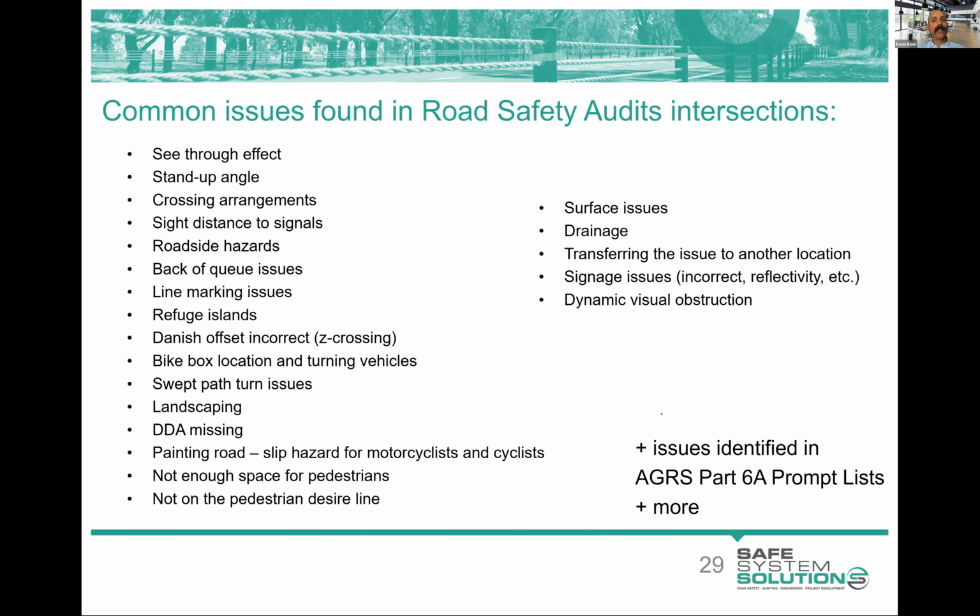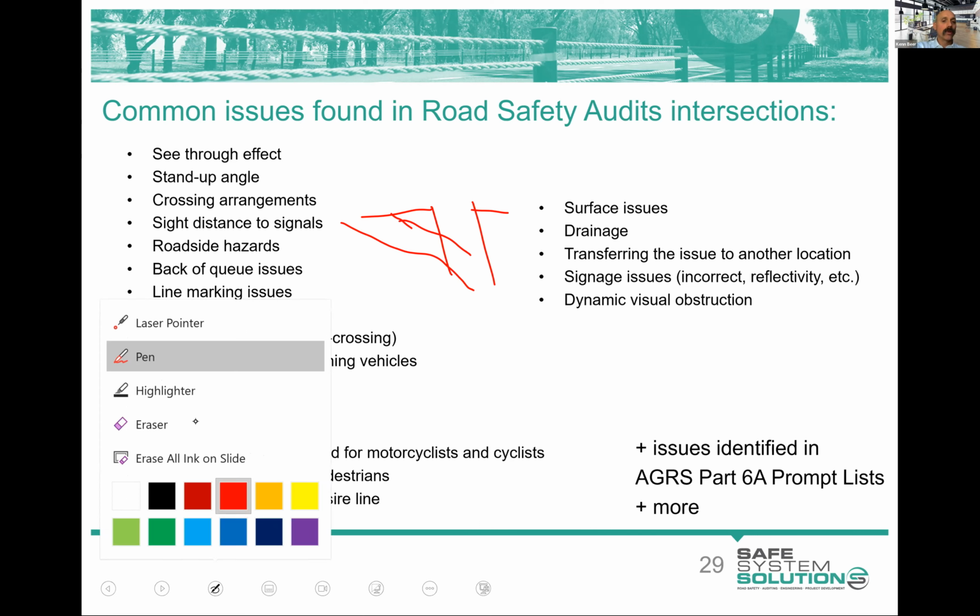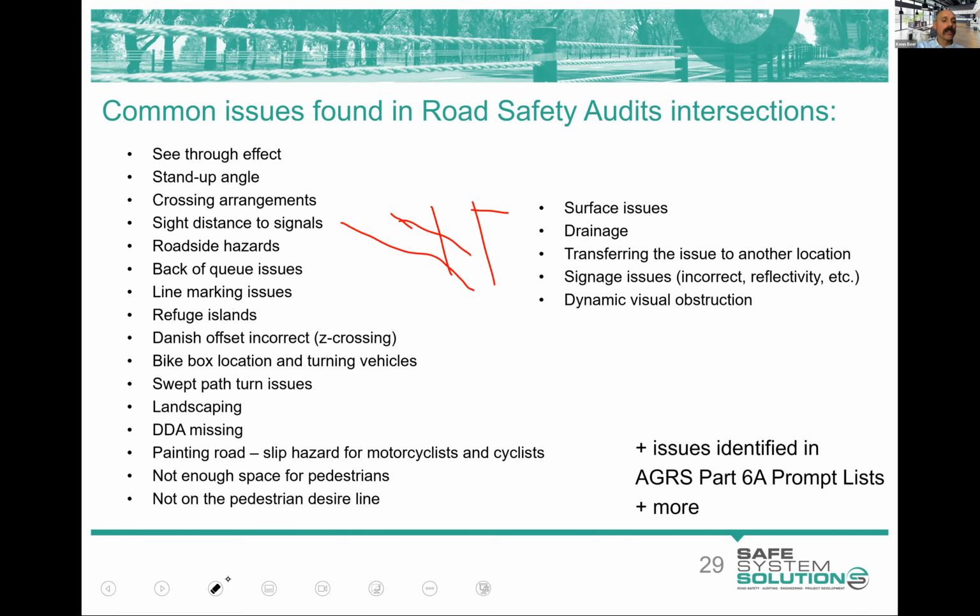So stand-up angle is basically if you have a slip lane or the like entering a main road, it's the angle that we enter in at, or a road entering in. And if the angle is too much, we know that we increase crashes because it's a very hard thing to turn the head, and we know that people will just make a call on this, and it's sometimes not a good call that they make.